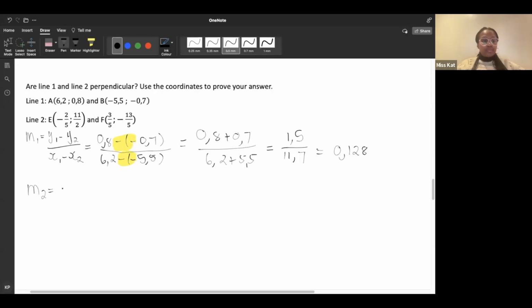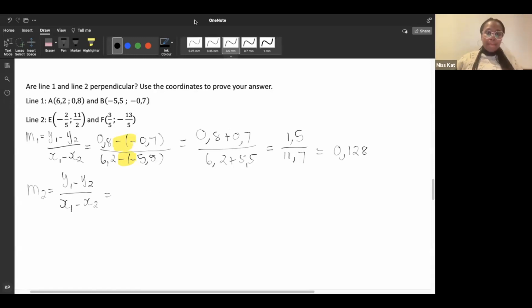Line 2. So we're going to write the formula down. Okay, let me do that quickly. Over x1 minus x2 equals, okay, go for it.